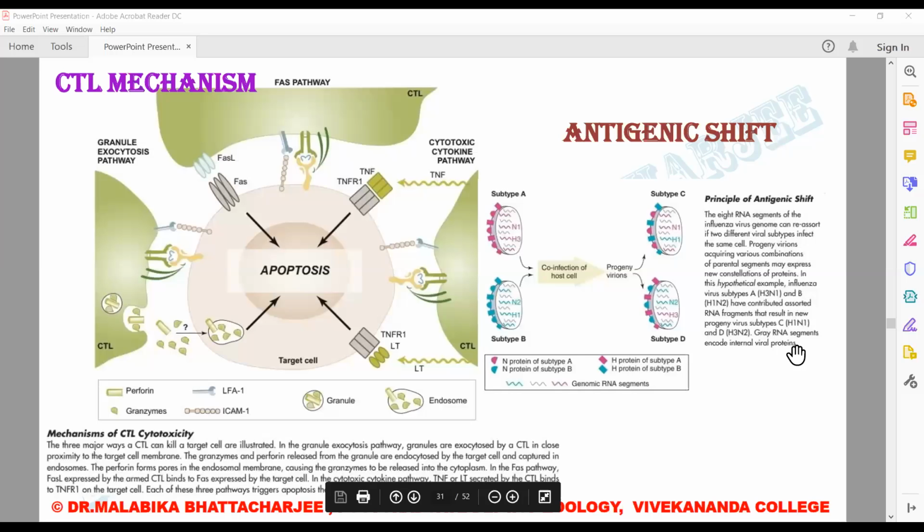So in the last slide, we saw the phenomena of antigenic drift and shift.